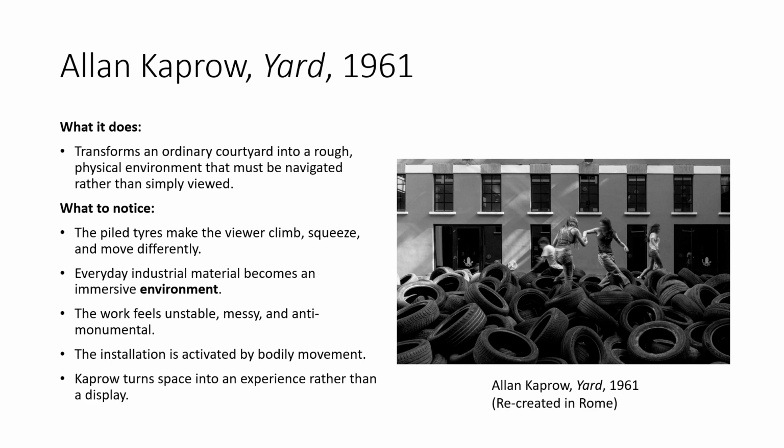Third, the work feels unstable, messy, and anti-monumental. It does not present itself as a polished symbol of permanence. It feels provisional and lived. And finally, the installation is activated by movement. Without people crossing it, the work remains incomplete. Capro is turning space into an experience rather than a display.